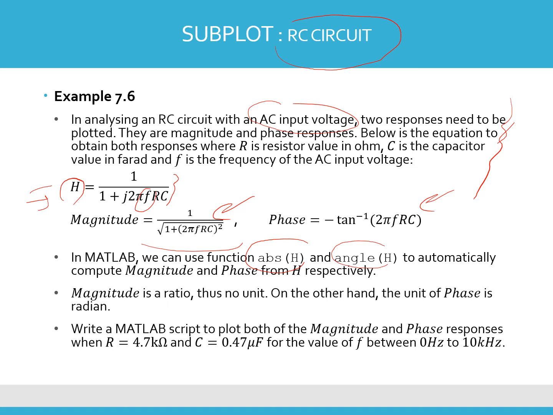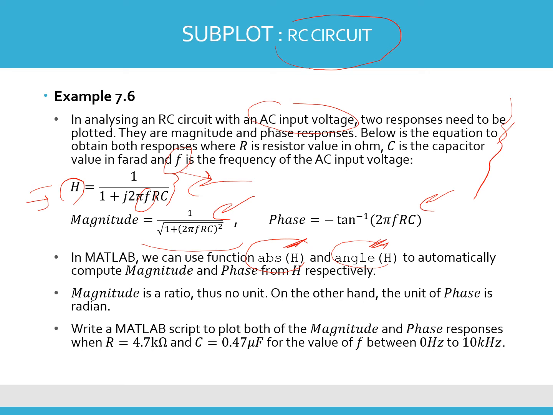Basically, you have to create a frequency from what to what, and then include it in the equation. Make sure you use array operation because you have multiple values of F, and then you use absolute here and angle here to get the output.